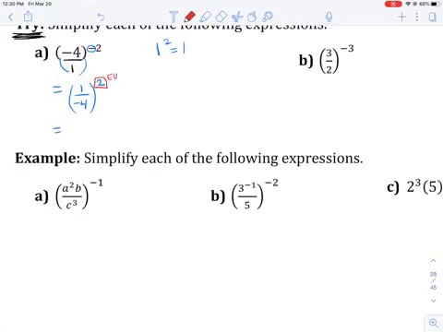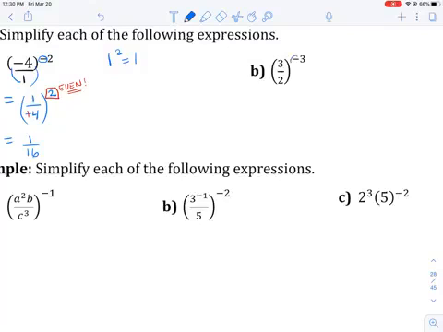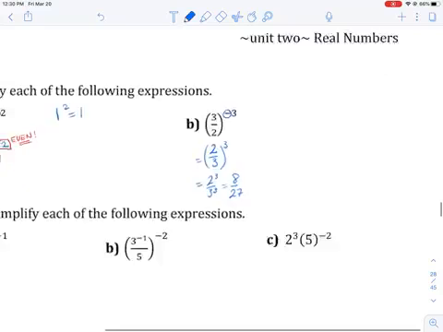And then, because this is an even exponent, this negative 4 can become positive, right? Because a negative times a negative is a positive, so we get 1 over 16. The next one, again, I'm going to take the reciprocal and get 2/3 to the power of positive 3, which is 2 cubed over 3 cubed, which is 8 over 27.